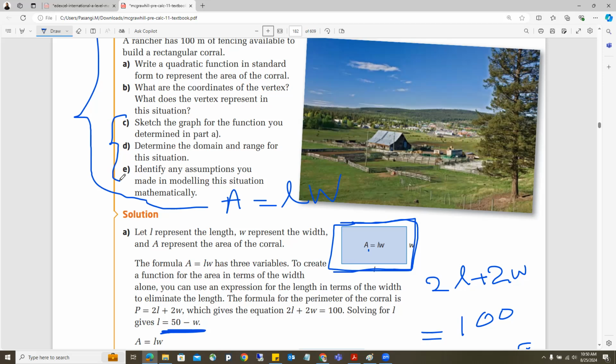You're doing right? Sketch the graph for the function you determined in part A and determine the domain and the range for this situation. And finally, identify any assumptions you made in modeling this situation.